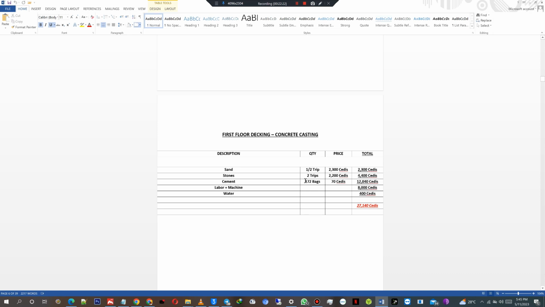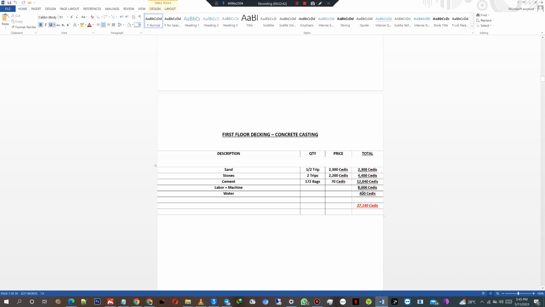The entire casting, which includes the steps, was 172 bags. But only the floor took 130 bags. And labor took 8,000 Ghana cedis, guys, which is outrageous.